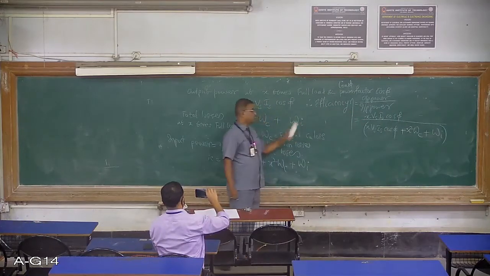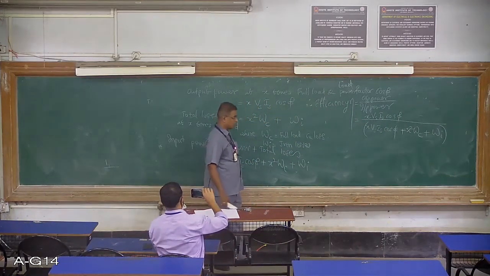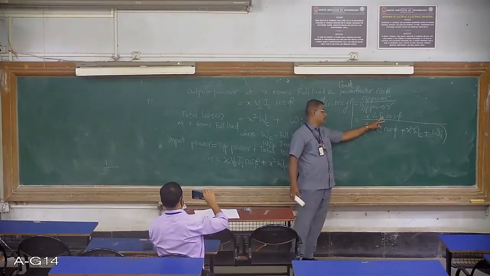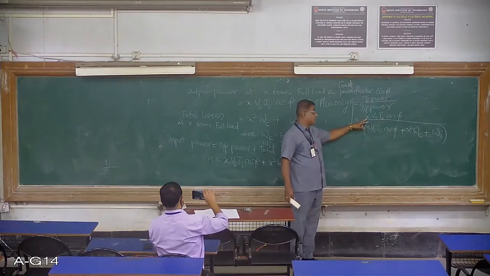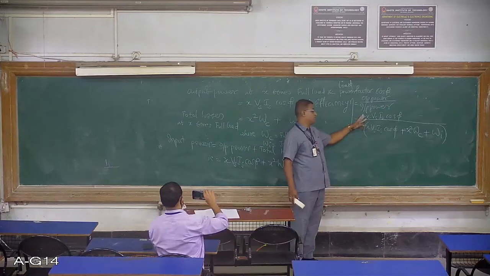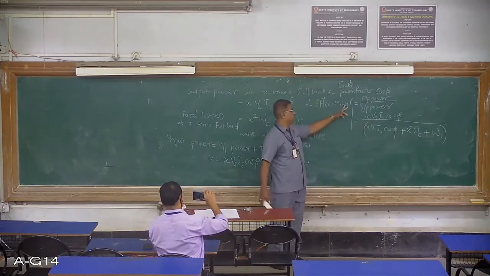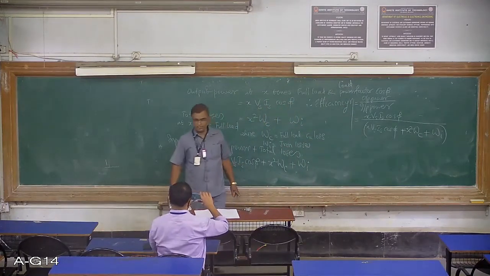This is the expression for the efficiency of a transformer. You need to know Vs, Is, the load power factor, and the fraction of load, whether x is 1, 0.5, 0.25, or whatever is specified. By substituting in this formula, you will get the value of efficiency of a transformer.